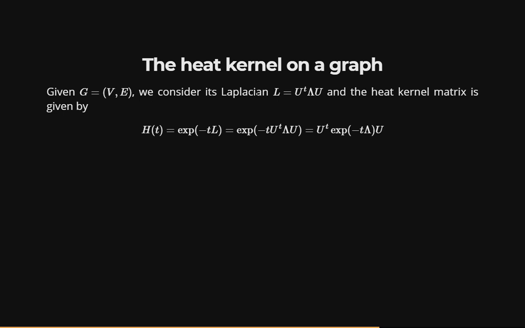We consider a graph, its Laplacian, L, maybe normalized, and we compute an eigendecomposition of L, so U is an orthogonal matrix and lambda is a diagonal matrix with non-negative diagonal entries. The heat kernel matrix is the exponential of minus TL, so it's the exponential of minus T U transpose lambda U, which is U transpose exponential of minus T lambda U.